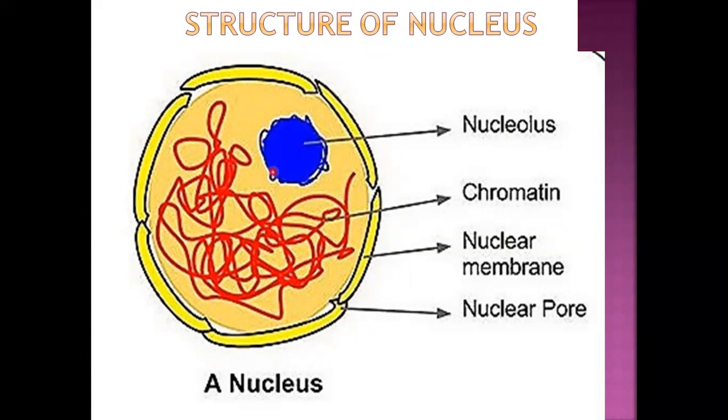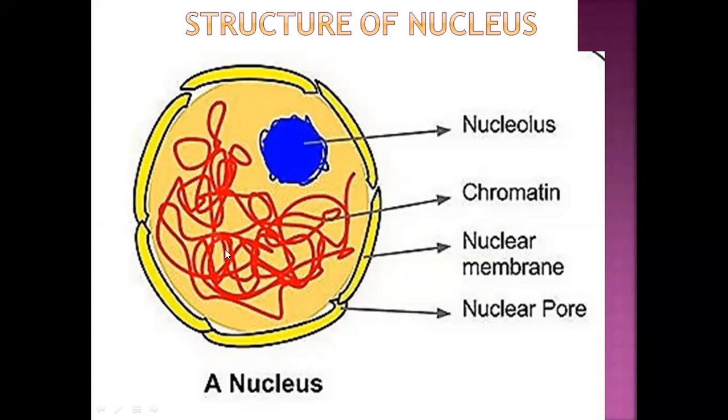Then the light colored space, whatever is inside the nuclear membrane, is called the nucleoplasm. It is in the nucleoplasm that these components are there. The nucleolus synthesizes an organelle called the ribosomes. We will learn about ribosomes a bit later.